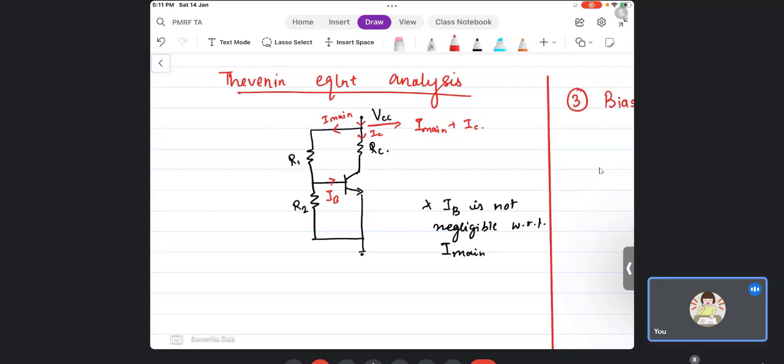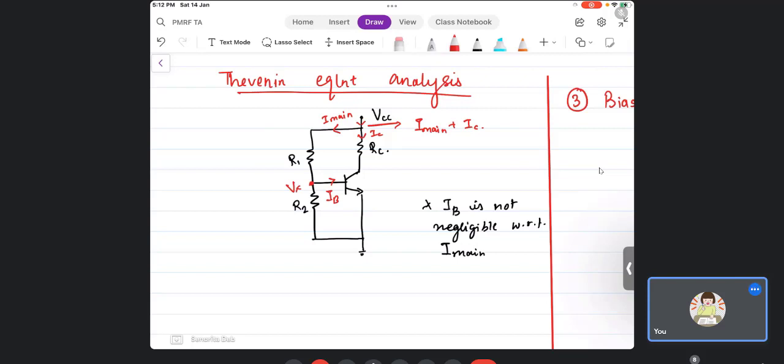There was no concept of R1 and R2 parallel. I directly took it to be in series and therefore I was getting the Vx as VCC times R2 by R1 plus R2, right? I did not take IB as 0, I took IB as negligible with respect to I main. Now I'm saying IB is not negligible with respect to I main. That means I cannot take R1 and R2 to be in series.